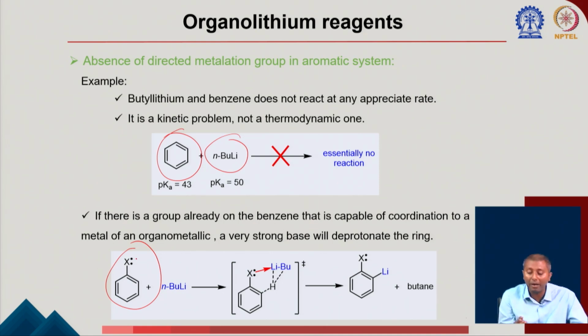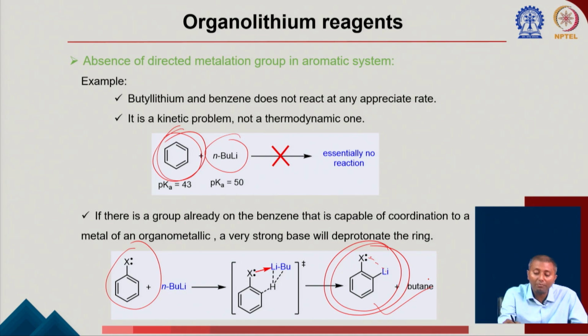Most of the time you will find that all this type of directing groups has a very common thing: they have a stabilization effect on the corresponding lithium. That is the important thing which is missing in the case of benzene. Because of the stabilization effect, this type of reaction happens very fast, but you will not find this reaction happening once you don't have any stabilizing group.